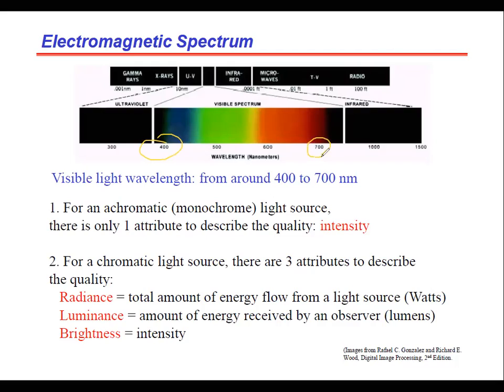What is nm? Nanometer. You can see the units are in wavelengths. Then afterwards there is a big spectrum under infrared and ultraviolet. Compared to the color spectrum, you can see here the width is much more.